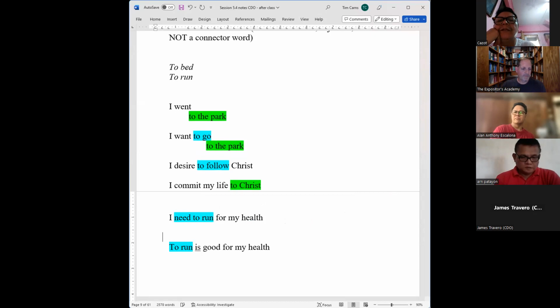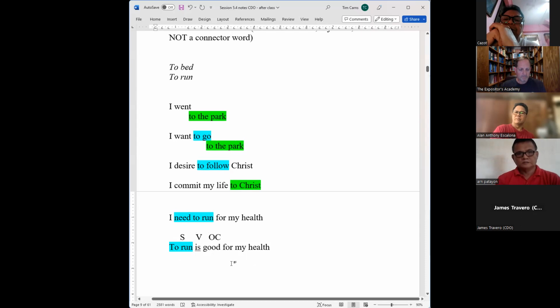So we have a subject, verb, and then remember object complement, good. This just shows that it has these different kinds of uses.